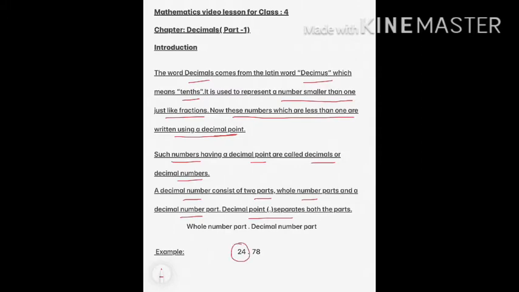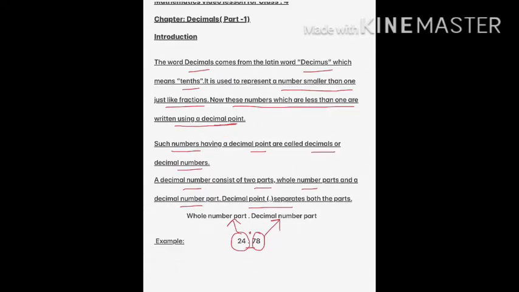So 24 is the whole number part and 78 is the decimal number part, and both are separated by this dot, which is also called a point, or decimal point. Students, this was just the introduction of decimals. Now we'll study in detail what a decimal is, how it is written, and what its place value is. Let's study.